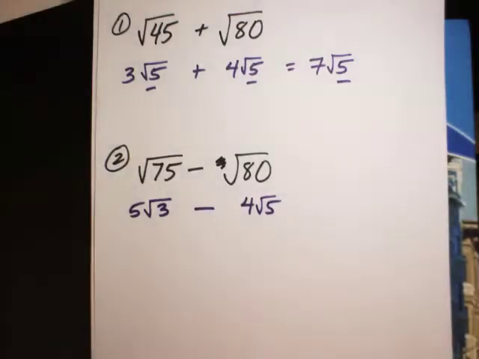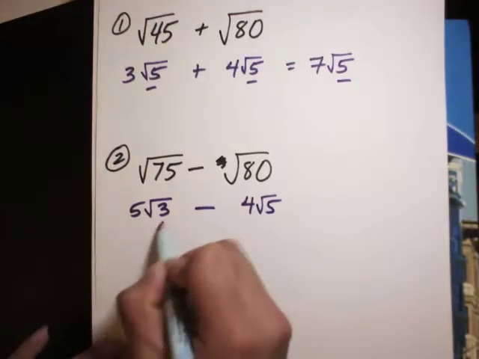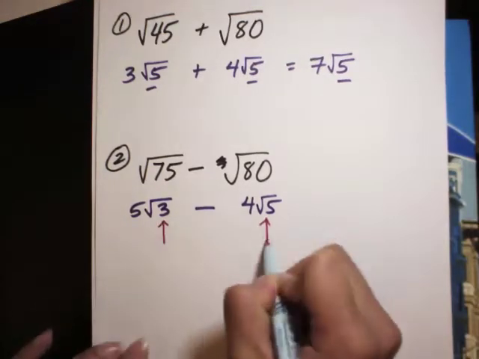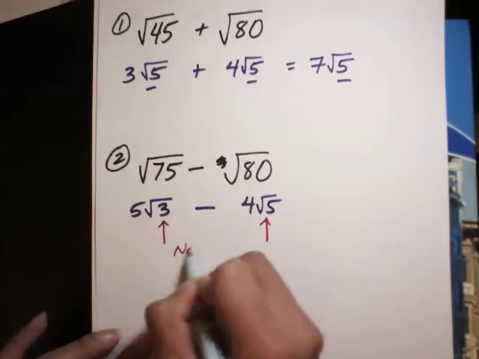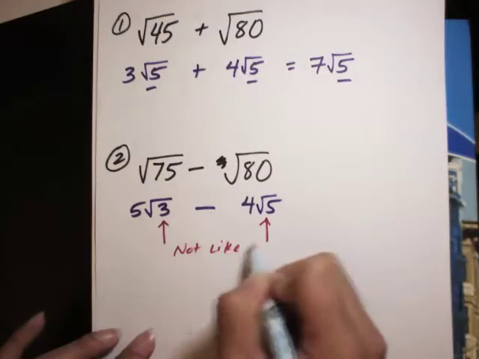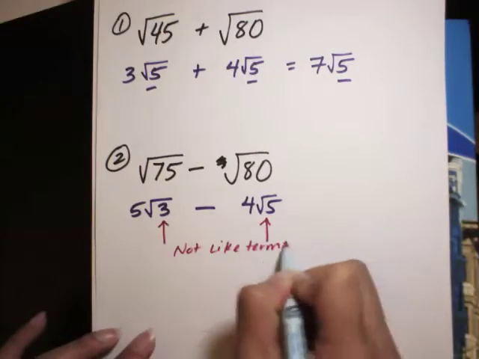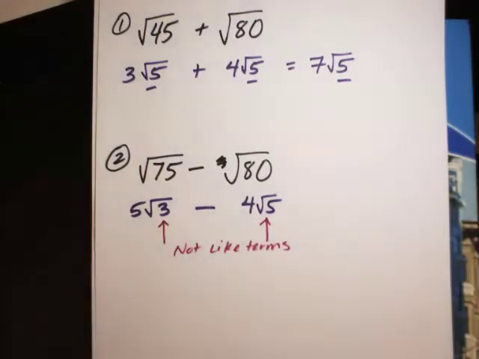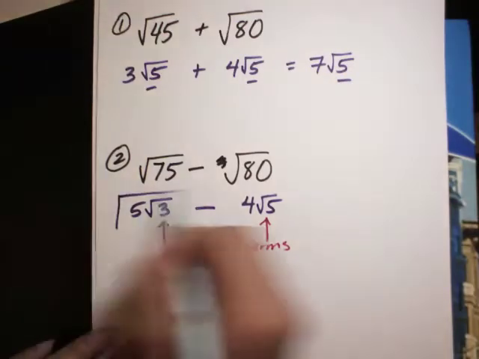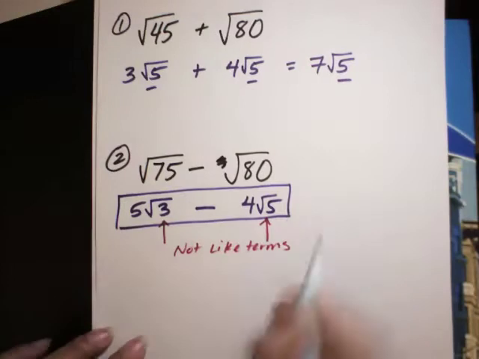If you said no, you're absolutely correct, and the reason for that is that the radicands are not the same. These are not like terms. When you have terms that are not alike, you cannot combine them. So you can't add, you can't subtract. We can't really do anything to simplify this any further, so this would be your final answer.